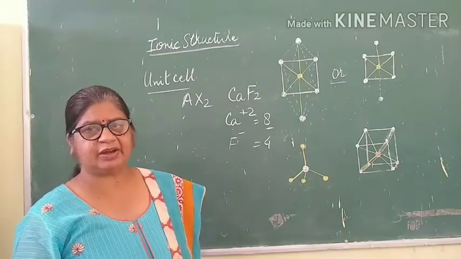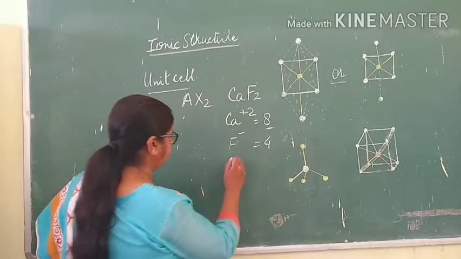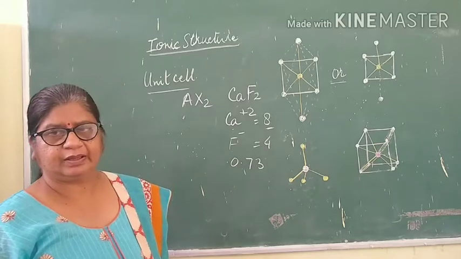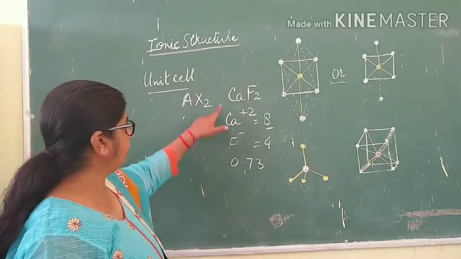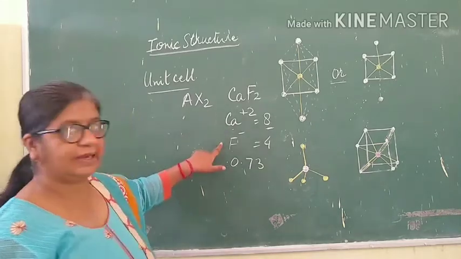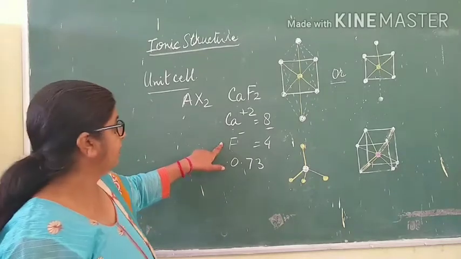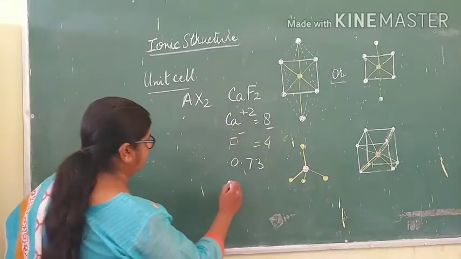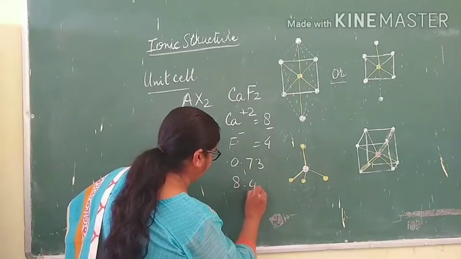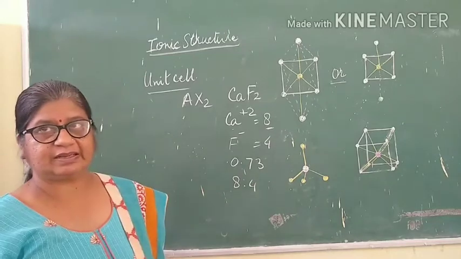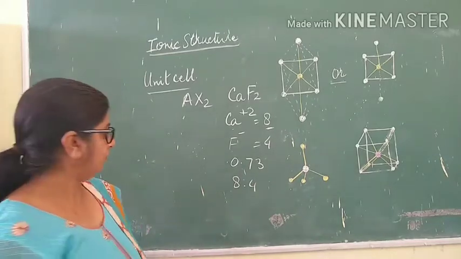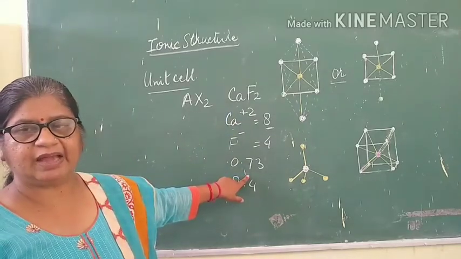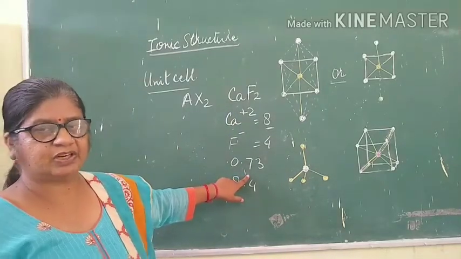In this, the radius ratio is found to be 0.73. Here the coordination numbers of the cation and the anion are different. In this calcium fluoride molecule, we will see an 8:4 type of arrangement. The radius ratio is 0.73, hence it will have a cubic structure.